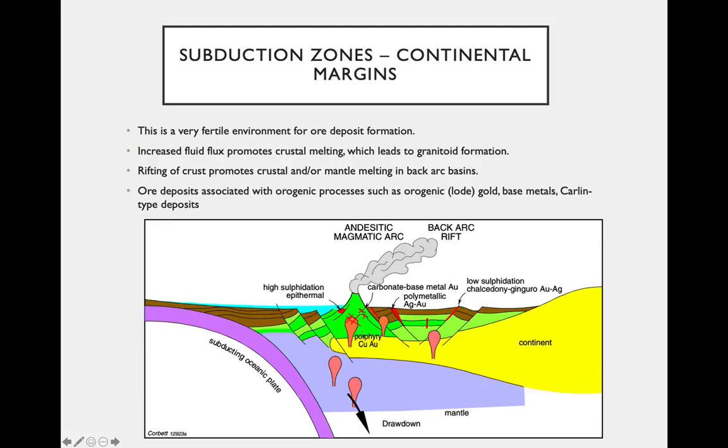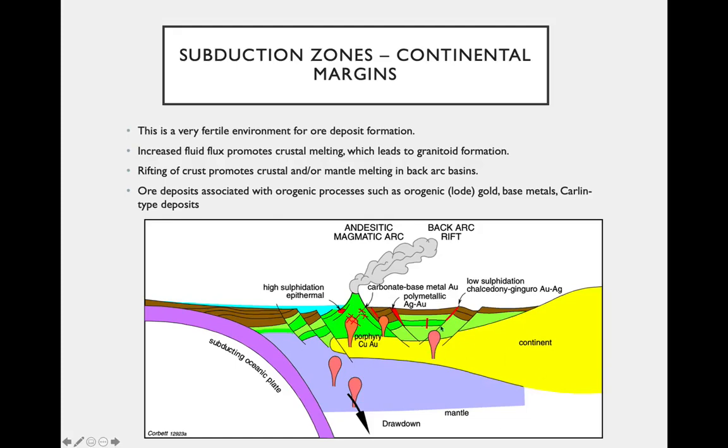So we can get additional and more felsic melts, and we can progressively move material and concentrate elements and commodities in particular from the mantle or the lower continental crust to the surface, where we can get processes that enable us to concentrate them sufficiently for an ore body.